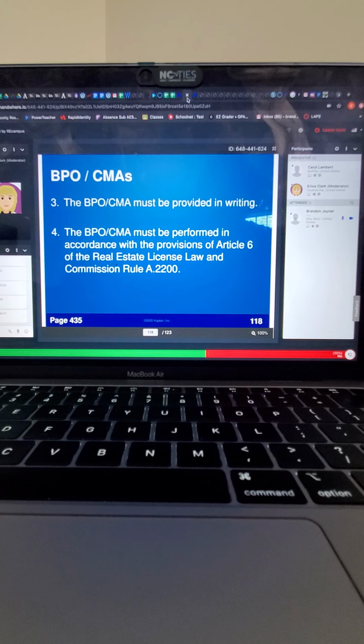If you charge a fee for it, you must be a full broker, non-provisional status. It must be in writing, and it must address all the matters that are required by the law, and that includes the property address, how you make the comparables, and an explanation of your comparables.